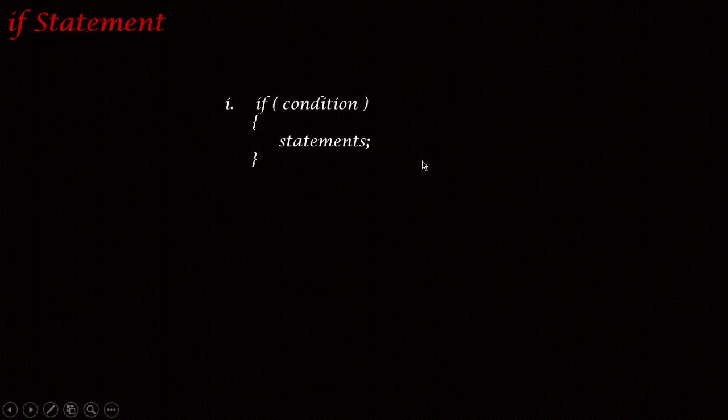The if statement has three syntaxes. First one is, we provide the if statement and then we provide a condition. Now, if this condition is true, then only the statements inside the curly braces will get executed.